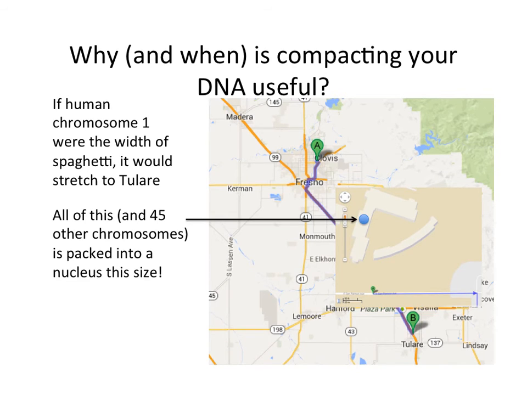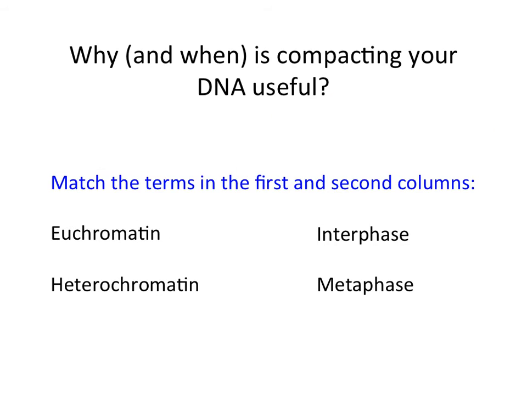I'm going to skip this analogy. It's a good analogy, but we don't have time for a bunch of analogies. You should be comfortable at this point connecting a term from the left side of the screen to the term at the right side. Do you normally see euchromatin, open DNA, during interphase or metaphase?